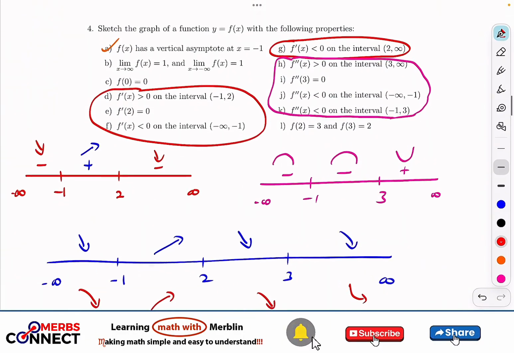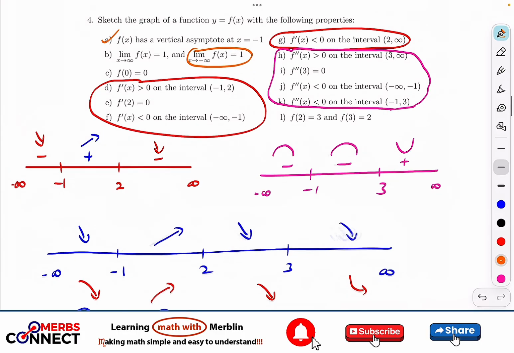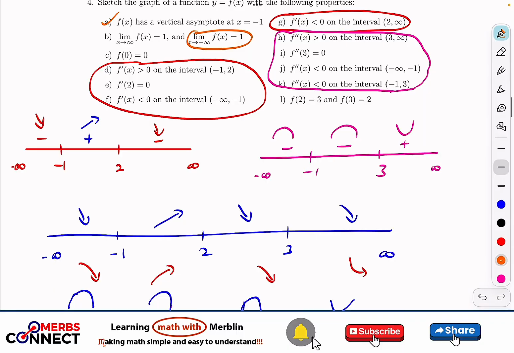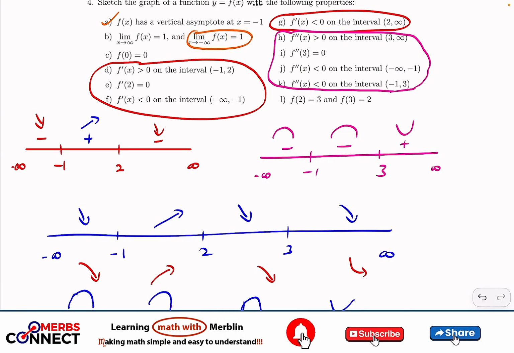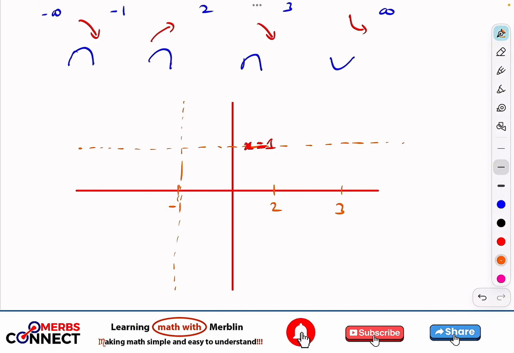So now let's try and combine the graph. I have already done this one here. So what is happening? When x is approaching negative infinity, we need to approach 1. So when we are moving up, we should be approaching 1.